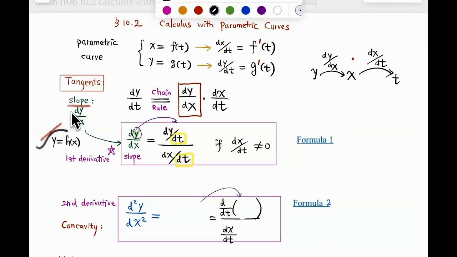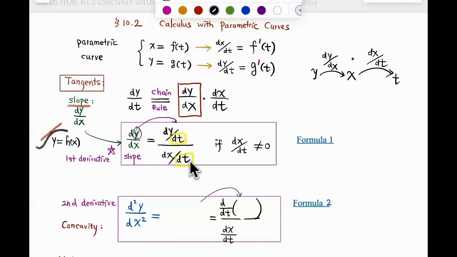Remember, the first derivative corresponds to the slope of the tangent. So now we discover the formula. The slope of the tangent of the curve, dy/dx, is going to be dy/dt over dx/dt, provided the denominator is not 0, because you cannot divide by 0. Division by 0 is undefined, right? So you discovered this. Next time, if I ask you to find the slope of the tangent of that parametric curve, you just use dy/dt divided by dx/dt.